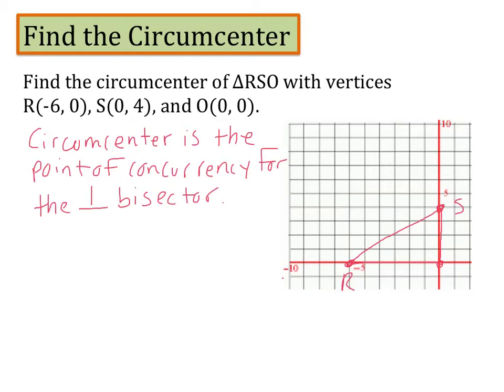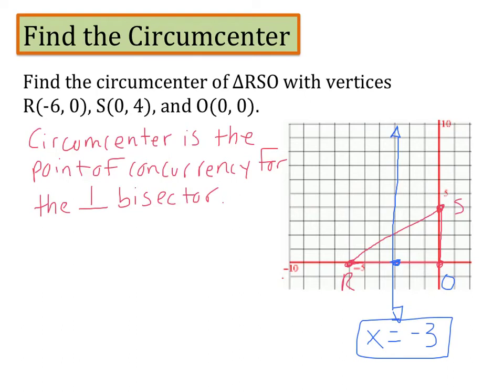So if I want to find the bisector for this line here, I know this length is 6. So if I'm splitting 6 in 2, I have to get to 3. So here's a first, second, and third point. So this line is going to be a straight line through this point. And the equation for this line is x equals negative 3.